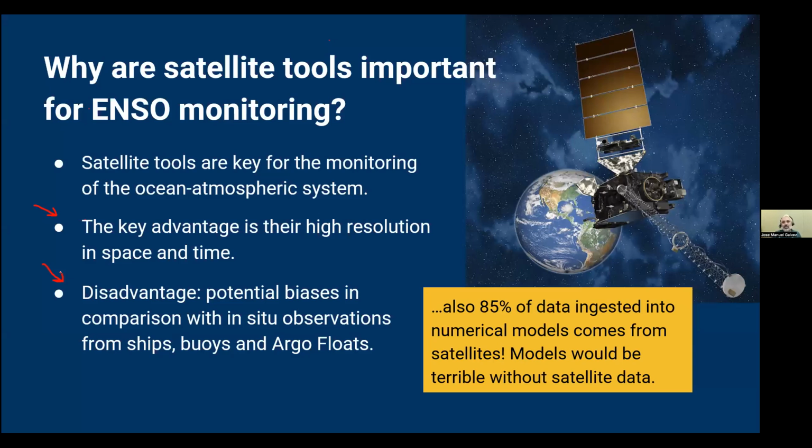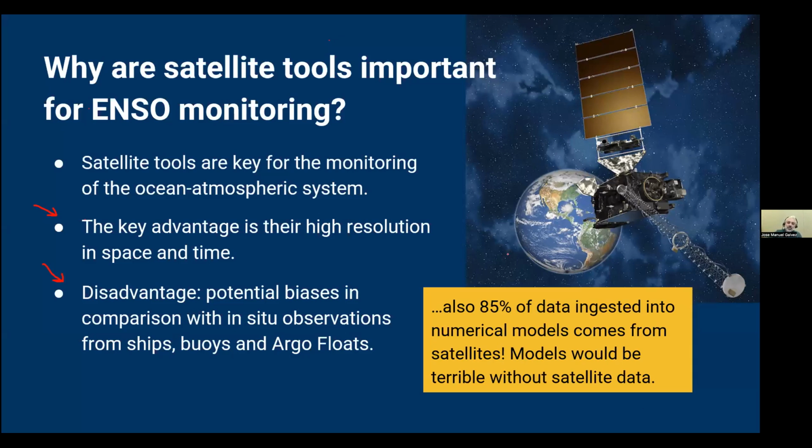For example, if you have a tropical cyclone going on or some other system that is producing very heavy rainfall, very large drops, then sometimes the microwave cannot come back to the satellite, so you cannot measure through those clouds. So there are some disadvantages as well. So it's good to always use satellite data combined with other data as well.